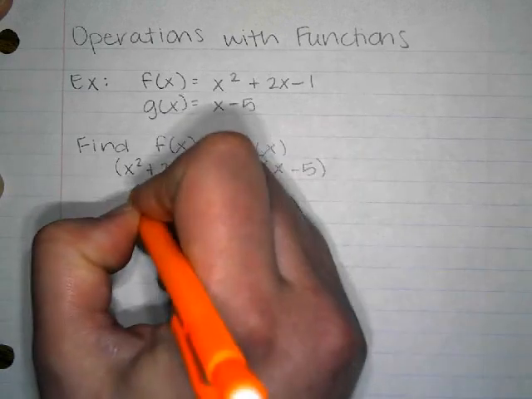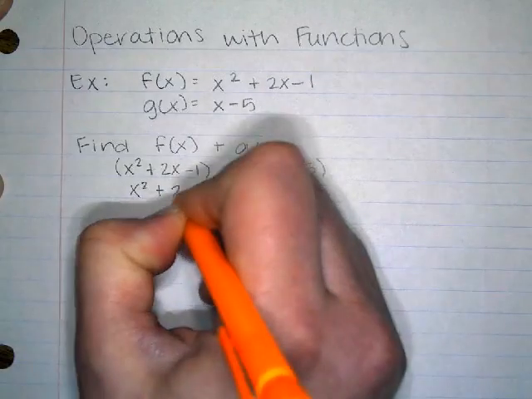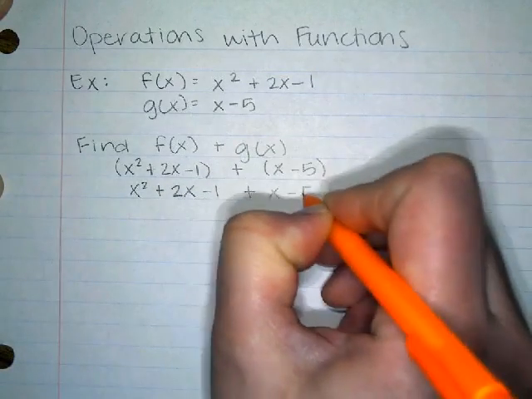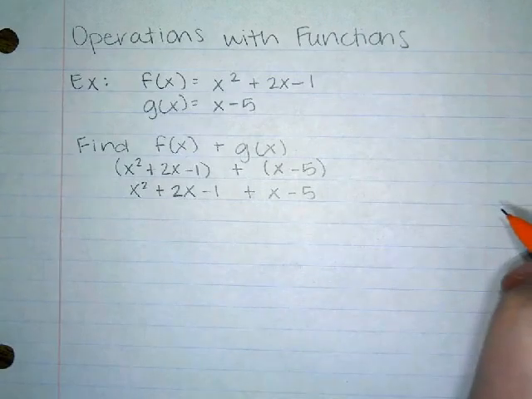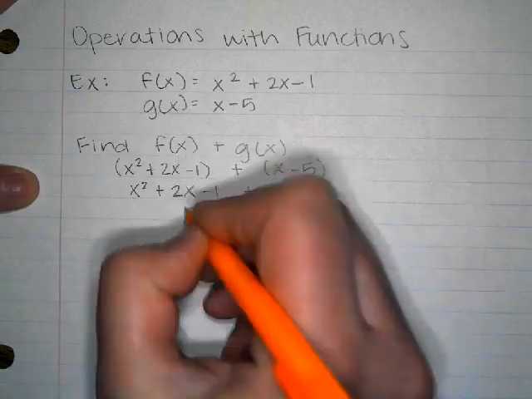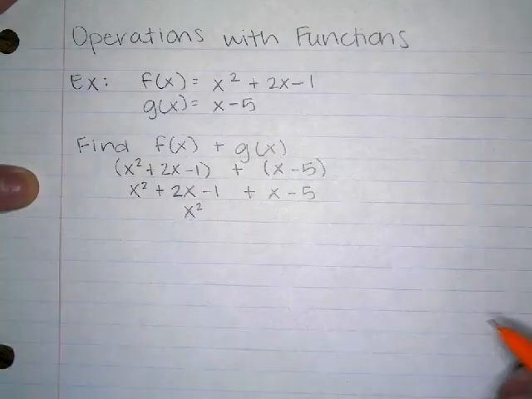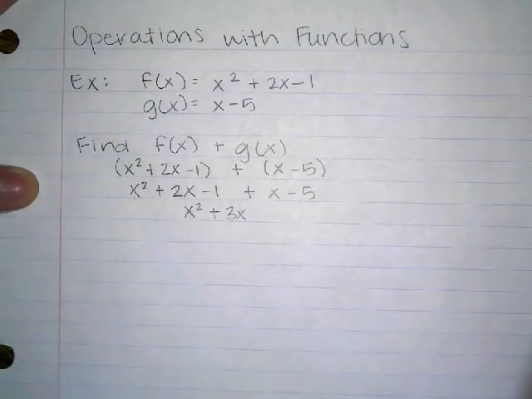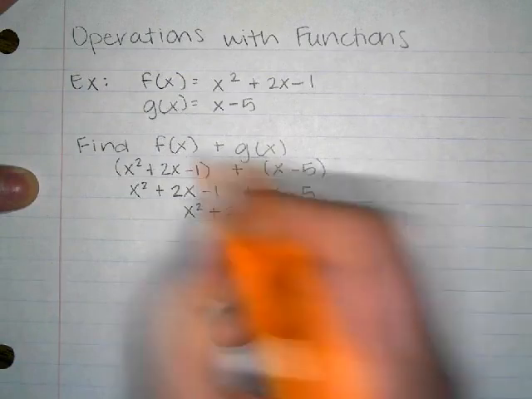No. So I've got x squared plus 2x minus 1 plus x minus 5. And at this point, what am I needing to do? Just combine like terms and then I'll be done. So I've got x squared. What else do I have? Plus 3x minus 6. Okay.